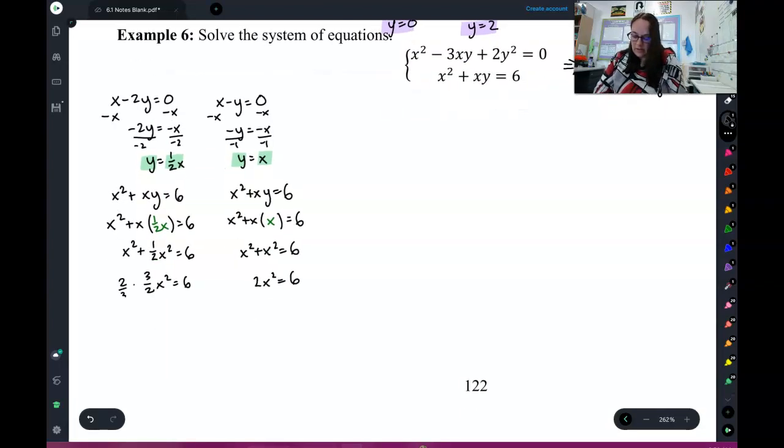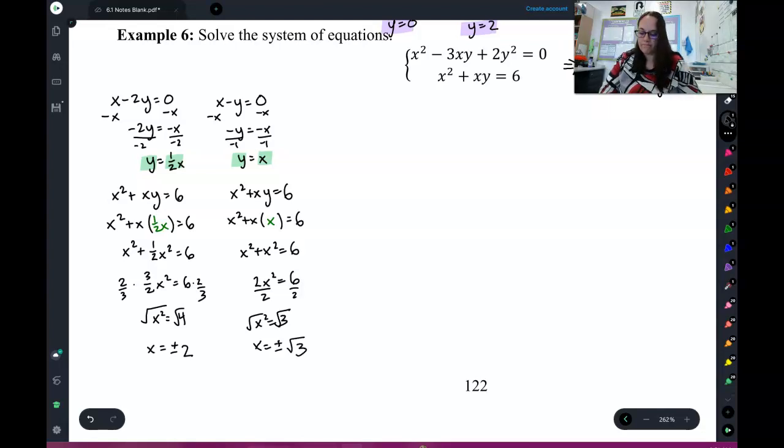which aren't too bad to solve for, all things considered. Times this by 2/3, you get x squared equals 4. Square root that to get x is plus or minus 2. And this one, x squared equals 3. Square root that to get x equals plus or minus square root of 3.